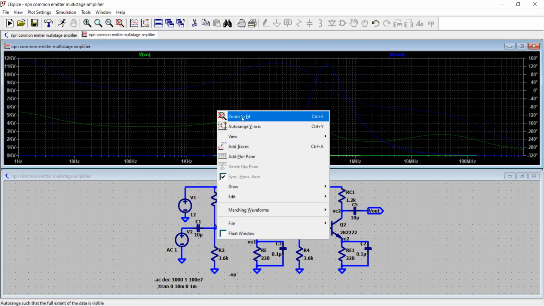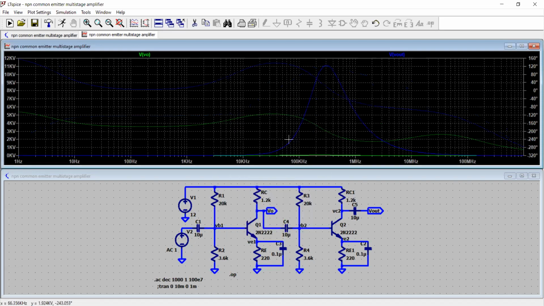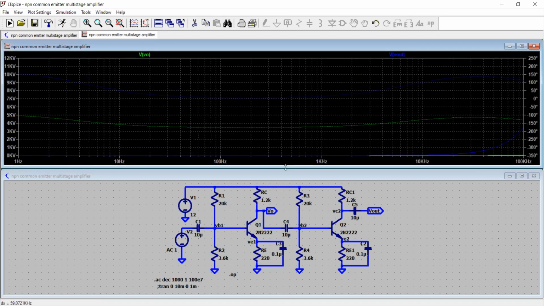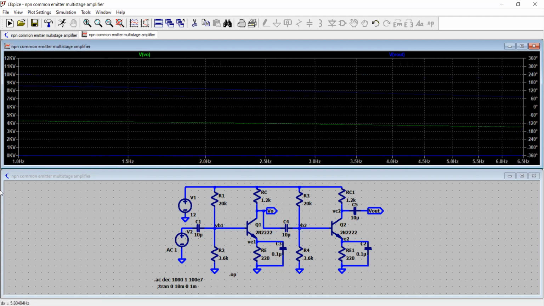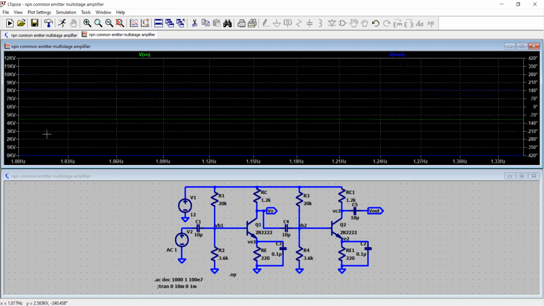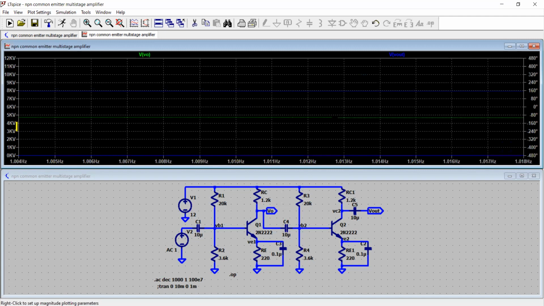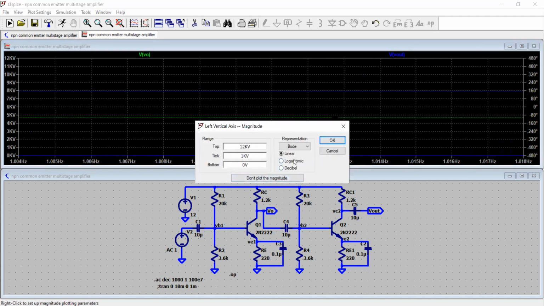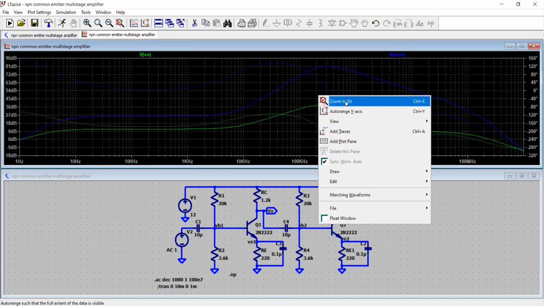You can right click again, zoom to fit, but it is not giving you the gain on the linear scale, because it is really barely seen there. So better you just right click and plot decibel, and zoom to fit.